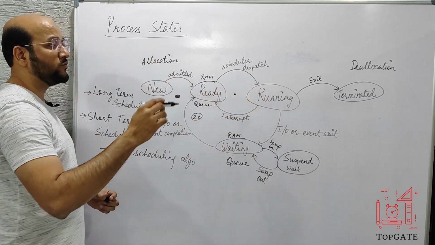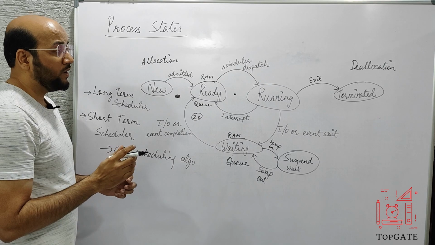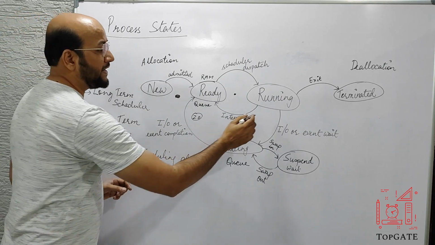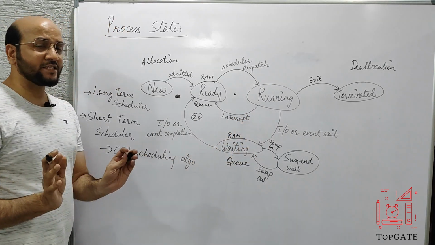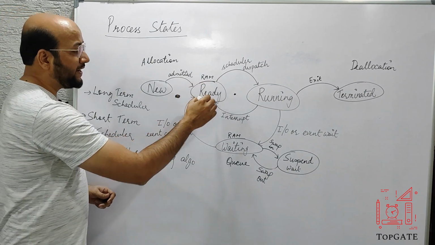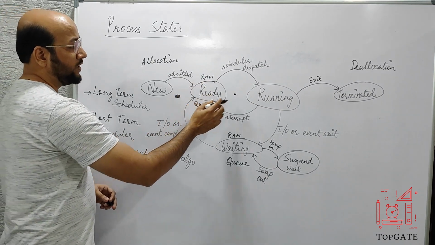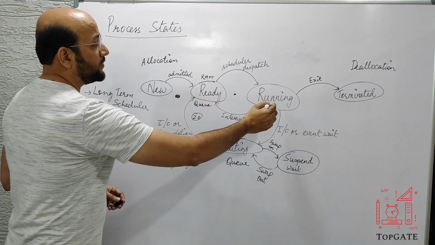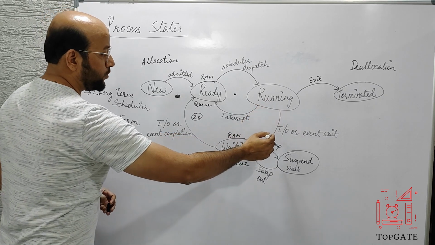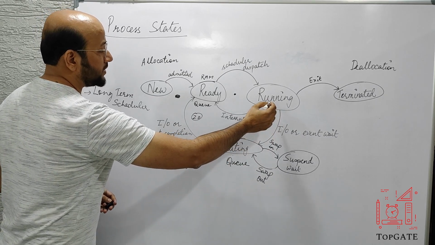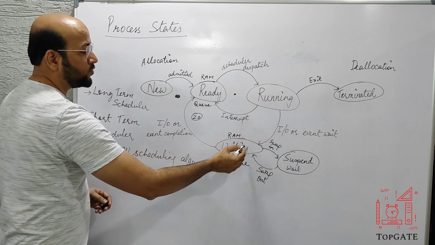That process also informed the operating system that it is not completing its work, it needs some input output. So the worst case can be that all the 20 processes which were there in the ready queue, instead of completing their work, needed some input output, and they were shifted from the running state to the waiting state.